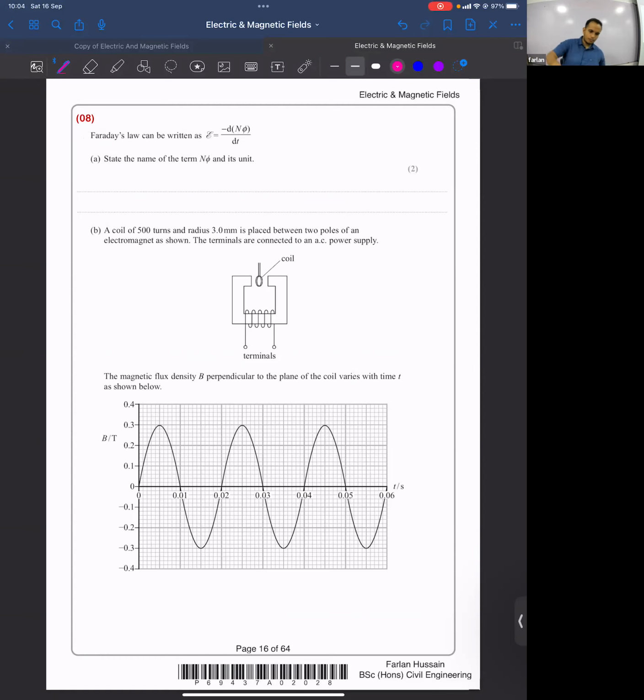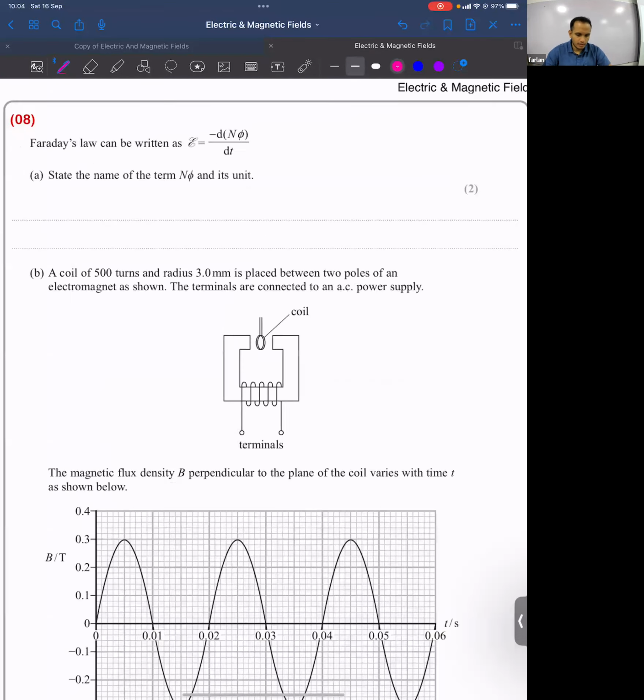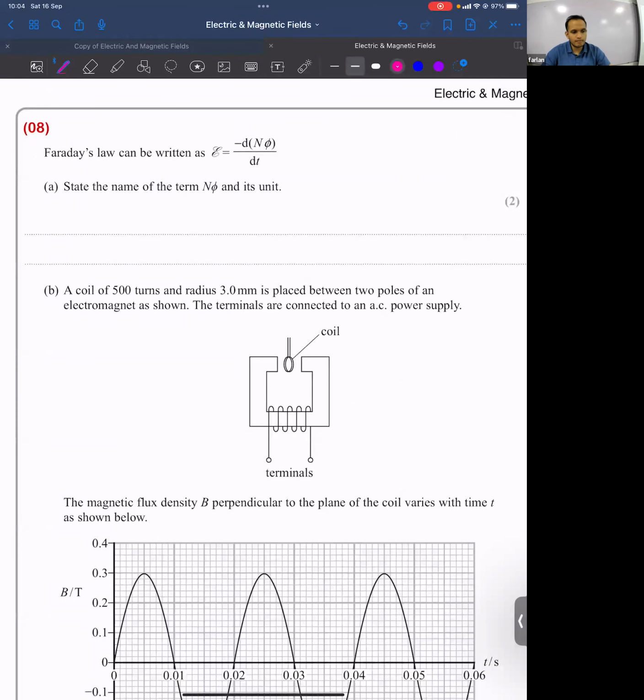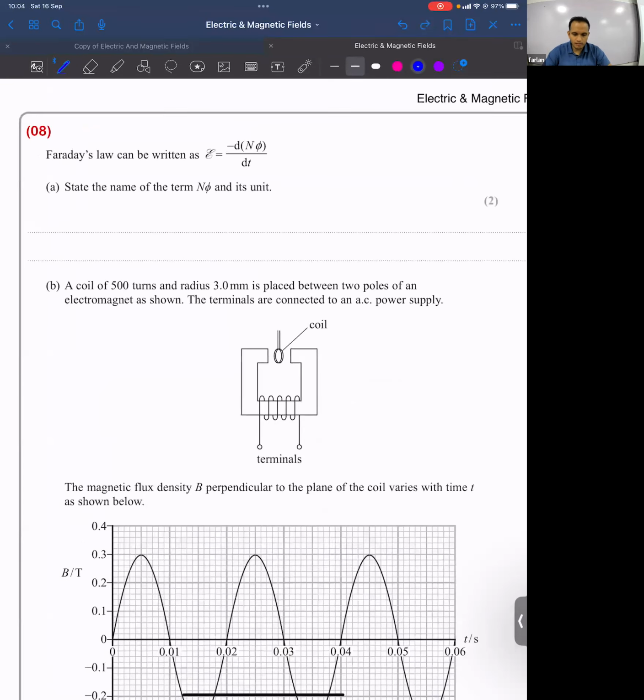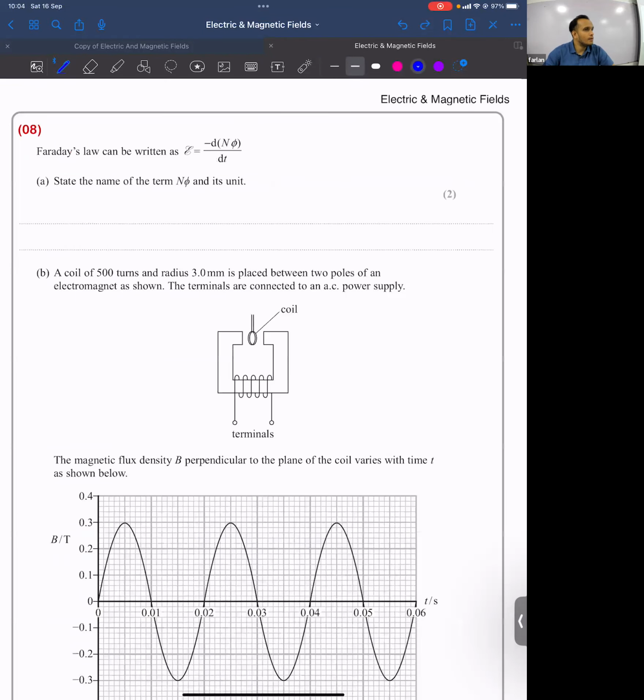Faraday's law can be written as E equals minus d(N phi) over dt, rate of change of flux linkage. State the name of the term N phi. N phi means what, guys? Magnetic flux linkage.